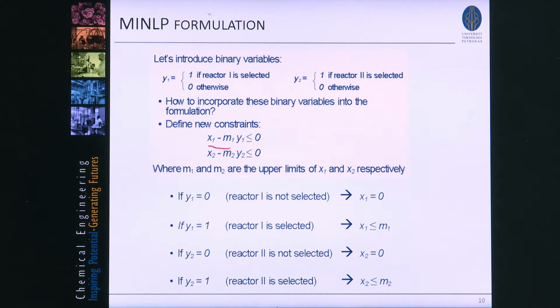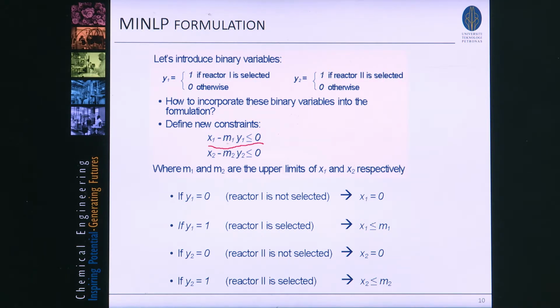We try to incorporate these 2 variables with these equations. So x1 minus M1 y1 less than or equal to 0. M1 and M2 are the upper limits for variable x1 and variable x2 respectively. It can be any big number, big enough so that if y1 equals 1, that means 1 times something very big, and when we subtract that from x1, it has to be negative.